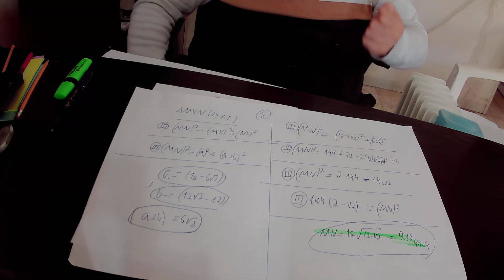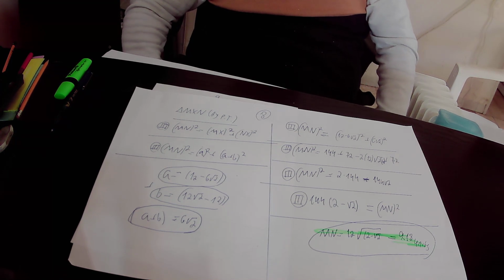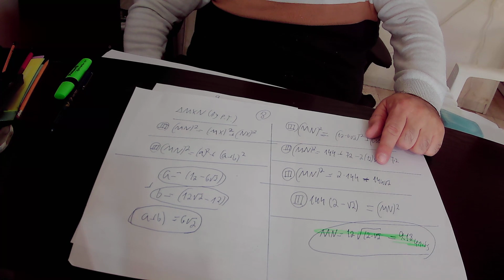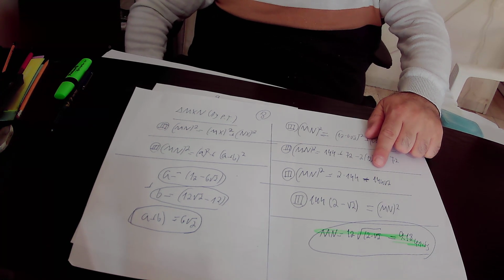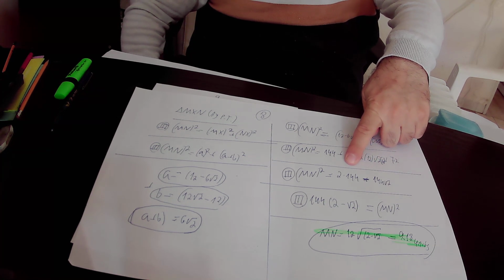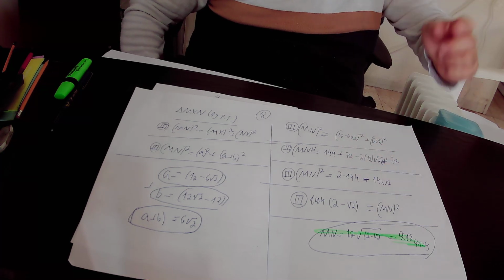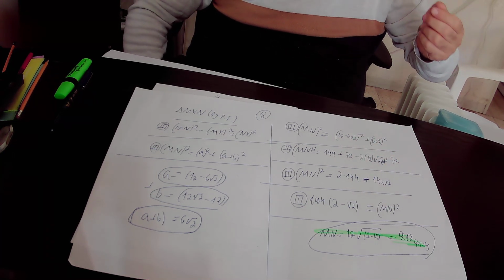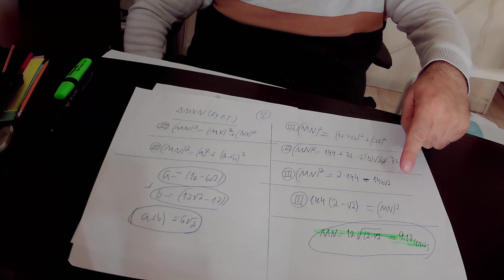So MN square equals 2 times 144 minus 144 times square root of 2. We took 144 as a common factor, and inside the brackets, from this expression what is left is 2, and from this expression what is left is square root of 2. So 144 times (2 minus square root of 2) equals MN square.